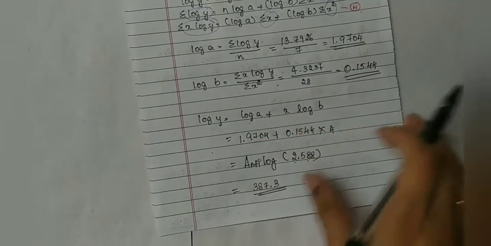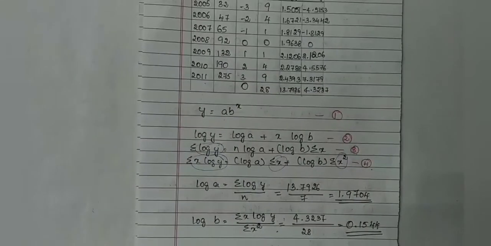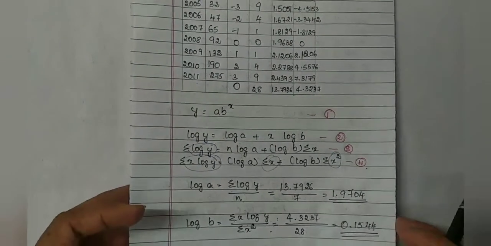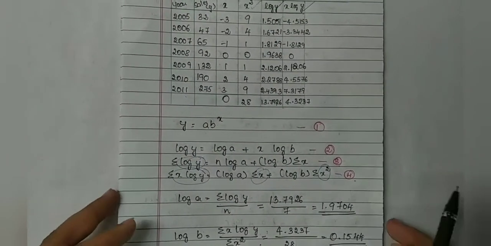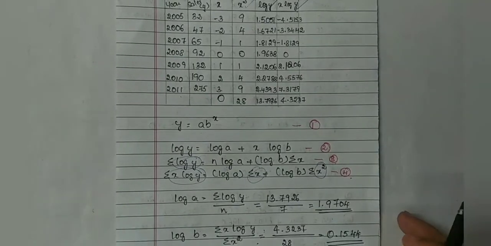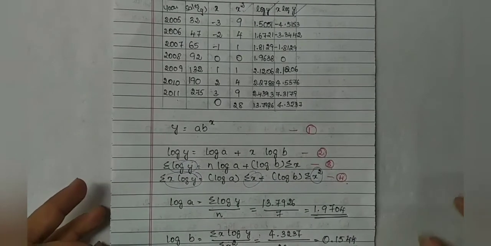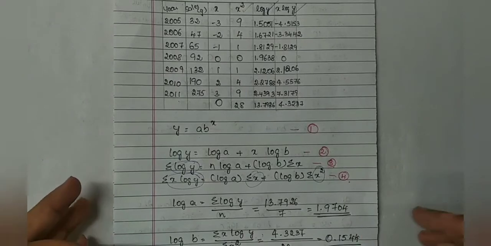So that's it with the time series chapter, and I have covered almost everything, all the types of time series, how to calculate the trend values of all the types. We are done with the time series chapter.